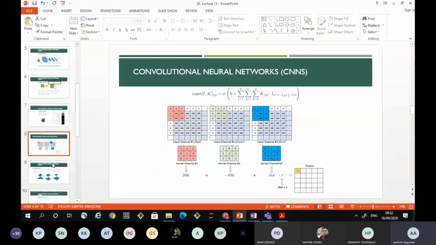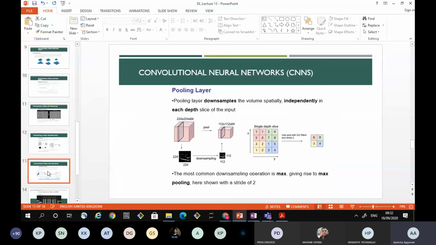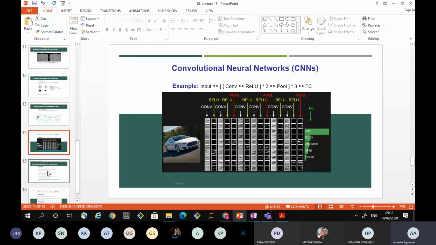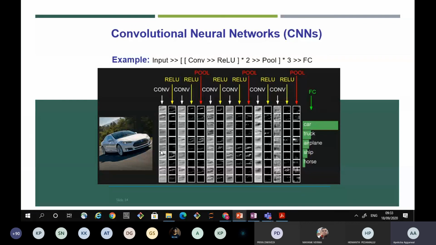I'll show the PPT over here. Final architecture: you do convolution, then you apply ReLU, that is the activation function, then you again do convolution, you apply ReLU, like we do in any neural network, where we apply layers multiple times. So this is the way it works.